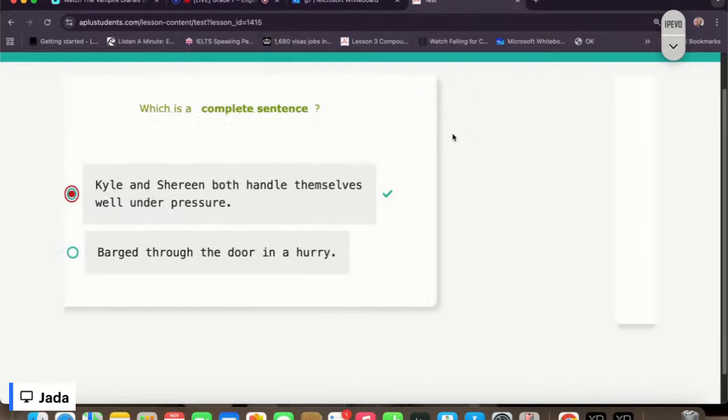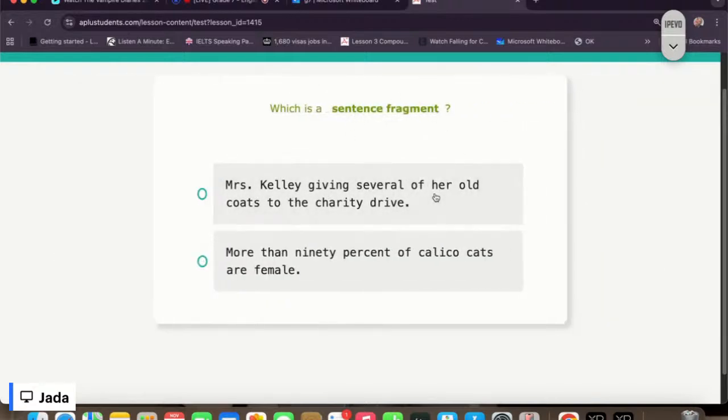So which is a complete sentence? Okay, which is a sentence fragment, first or second?